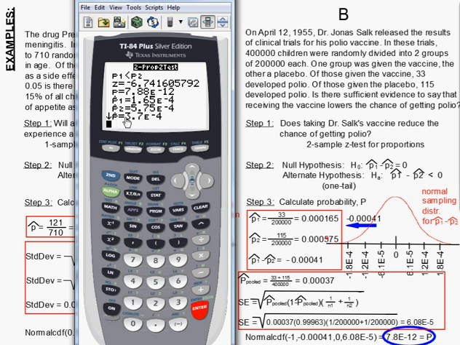It gives us the pooled proportion, 3.7 E negative 4. Here's the 3.7 E negative 4. If you actually scroll down, it gives you the two n values as well. And so that's how you use your TI-84 to do all of this as well.